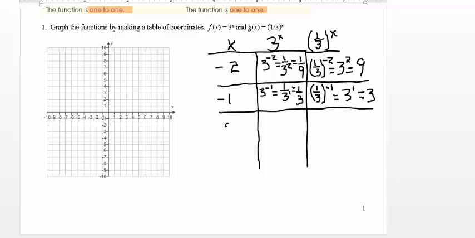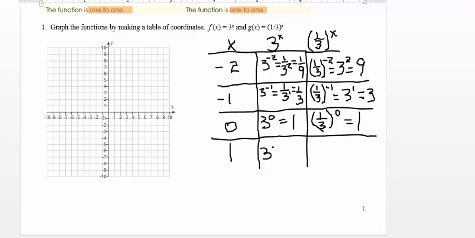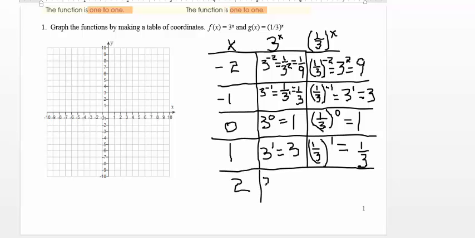Invert the fraction, change the sign of the exponent. 3 to the 0 is 1, and so is 1/3 to the 0. 3 to the first is 3. 1/3 to the first is 1/3. 3 squared is 9. 1/3 squared is 1/3 times 1/3, which equals 1/9.